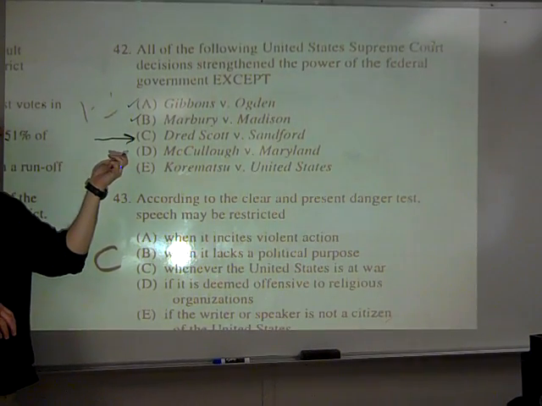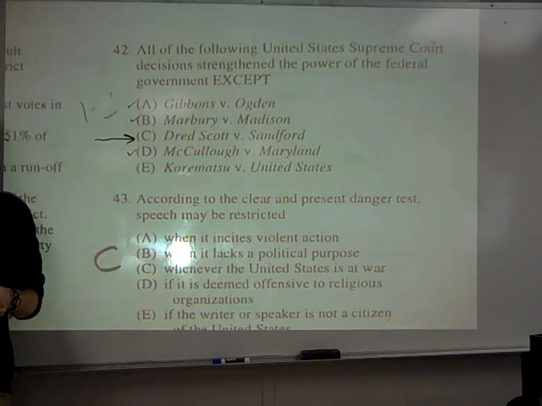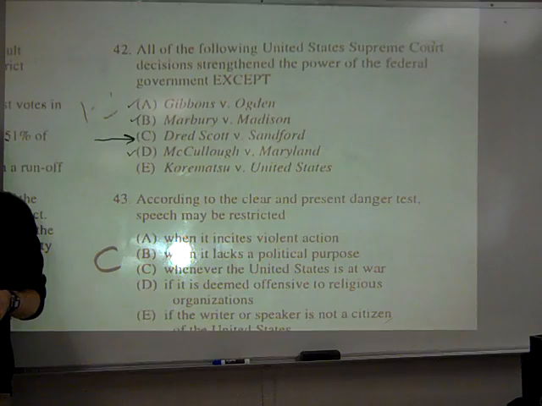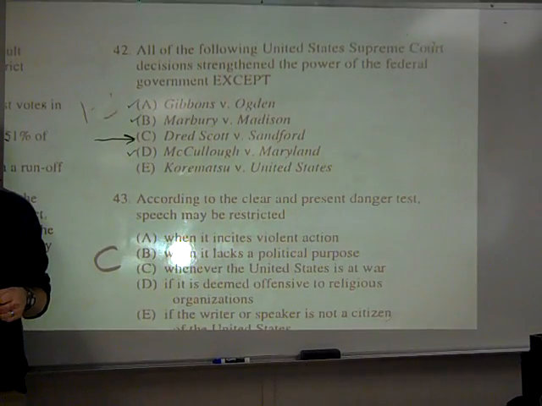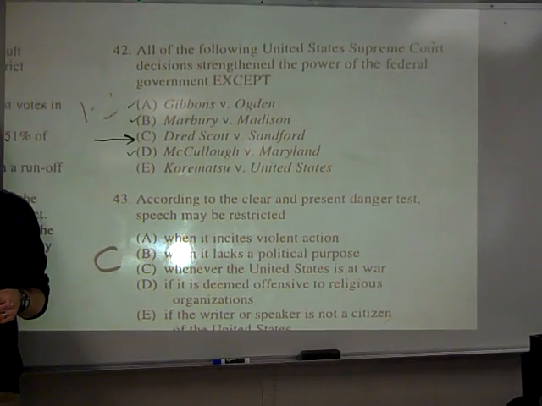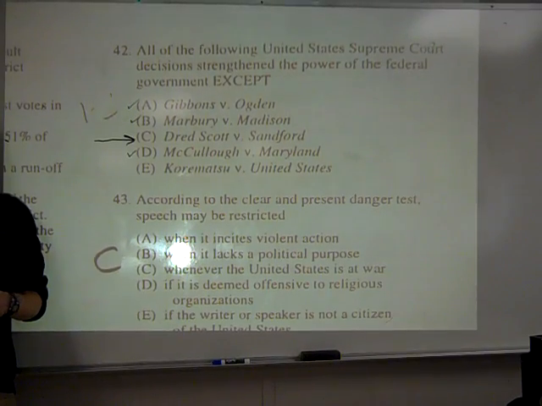McCulloch v. Maryland was about, can the national government set up national banks? Yes, under the necessary and proper clause. And then, can the state interfere with that bank by taxing it? And the answer was no, because you're interfering with a legitimate exercise of national power. The Constitution is the supreme law of the land.